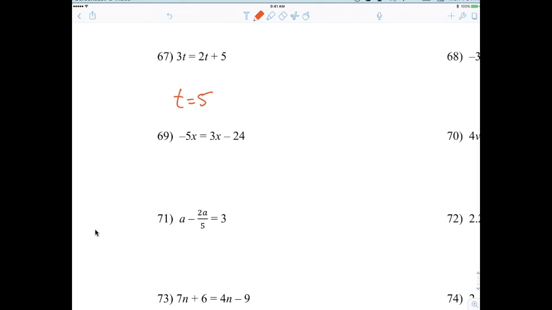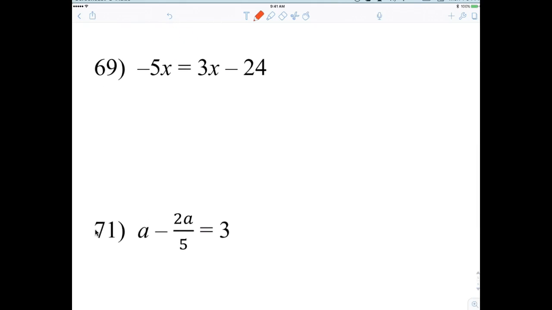Now again, I tried to emphasize that I like to keep the variables positive. So in my mind, I'm taking the minus 5x and throwing it over here and making that what? Good, 8x. Everybody see how I did that?